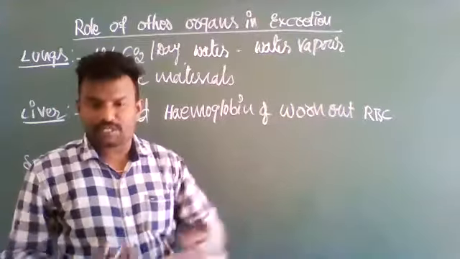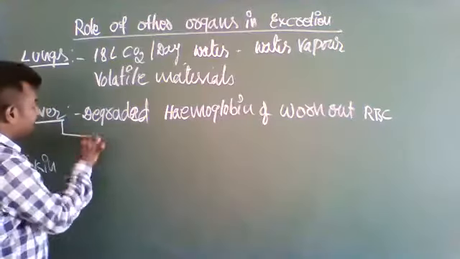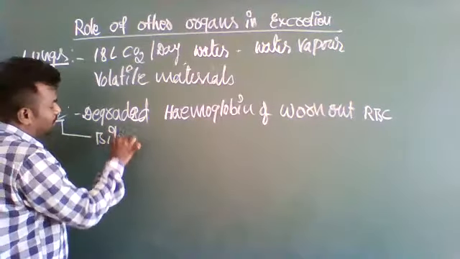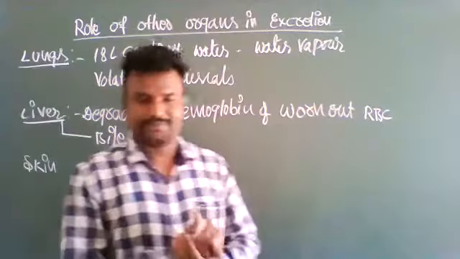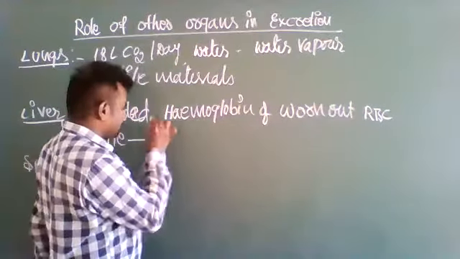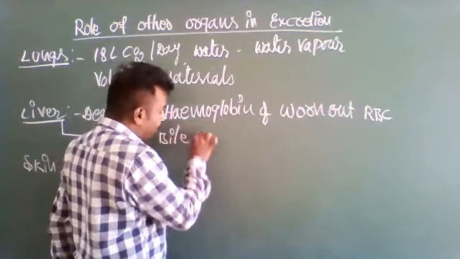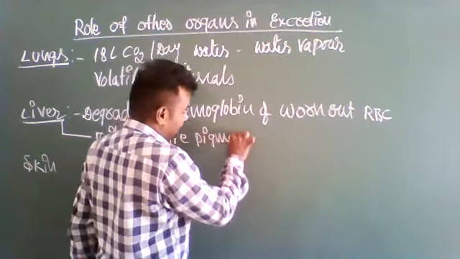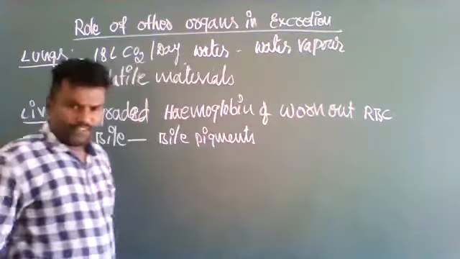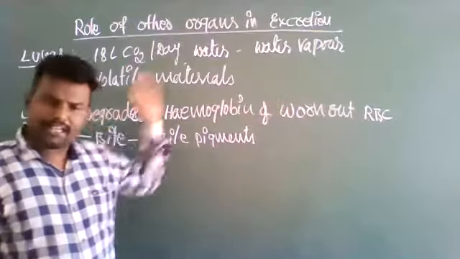As a result of this process, the liver secretes a kind of juice that is called bile juice. That bile juice contains an excess amount of bile pigments if more and more old red blood cells are destroyed in the liver.